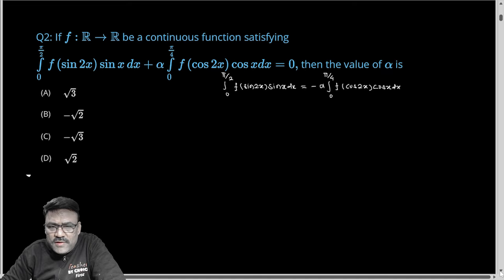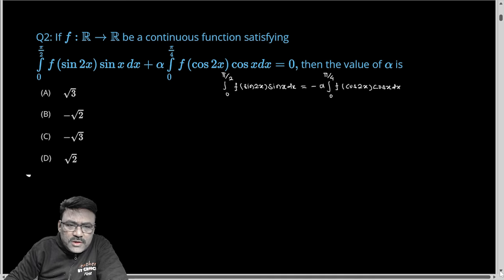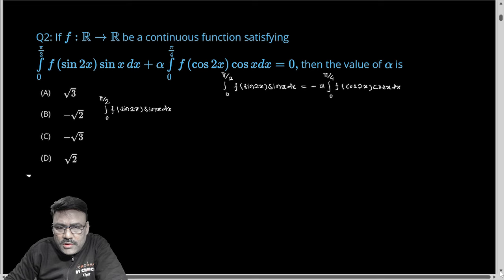So let's take this left side integration, 0 to pi by 2 f of sine 2x multiplied with sine x dx. Now, since I have to convert this integral from 0 to pi by 2 to 0 to pi by 4, I am breaking this integral into two integrals, one from 0 to pi by 4, other from pi by 4 to pi by 2.